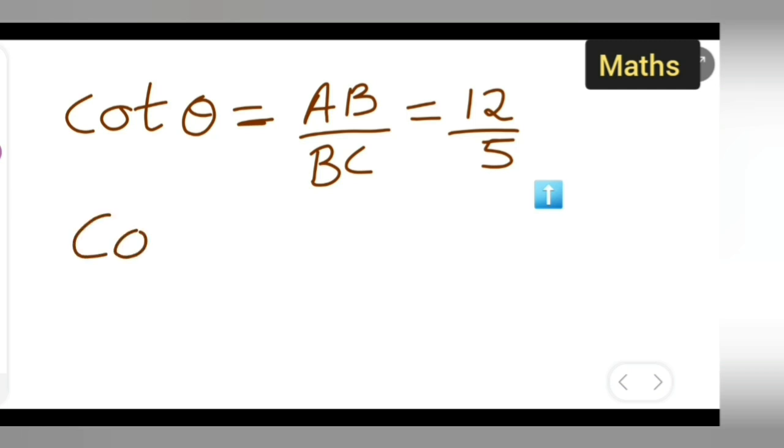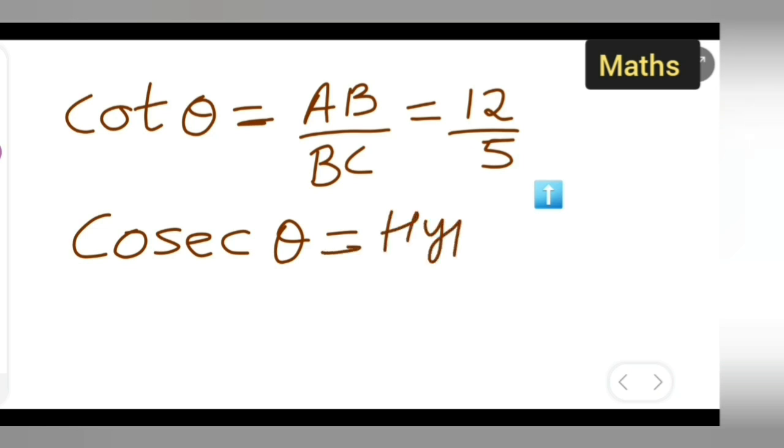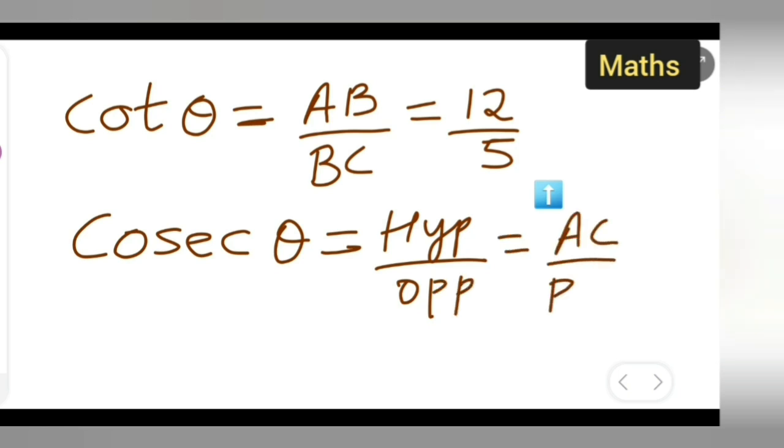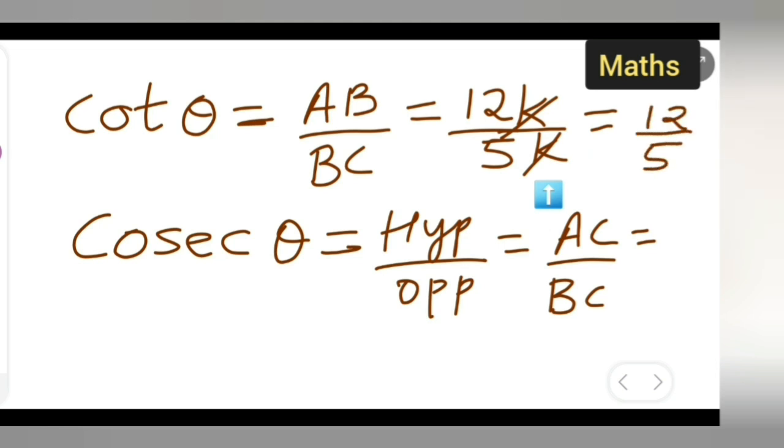Next, let us find out cosec. Cosec theta is hypotenuse upon opposite, which means AC upon the opposite side, that is BC. Here AC is nothing but 13k upon 5k.